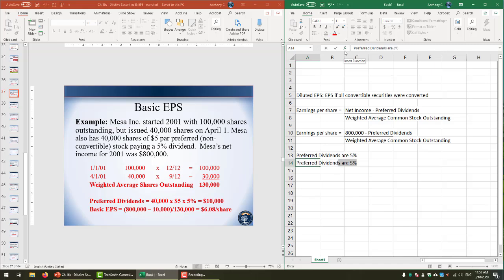So for our preferred dividends, we have 40,000 shares. The par value is $5. And then we're paying 5% of par in dividends, so we'll multiply by 5%. That'll get us to $10,000 of preferred dividends. So we'll just plug that in over preferred dividends.